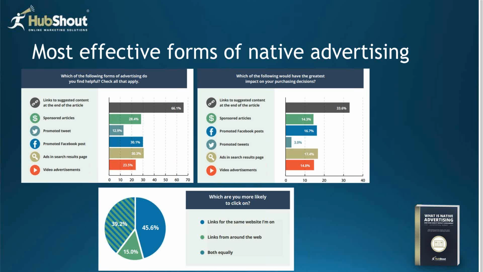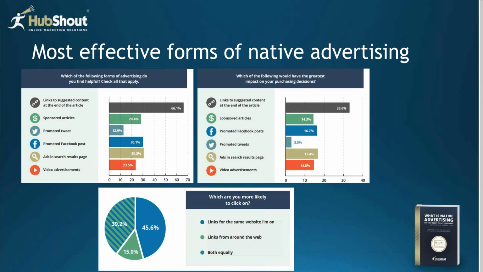Without reading too much into that, because the facts are pretty clear, something inline, in-stream is both more helpful because it's relevant and also has potentially a bigger impact on a purchase decision.